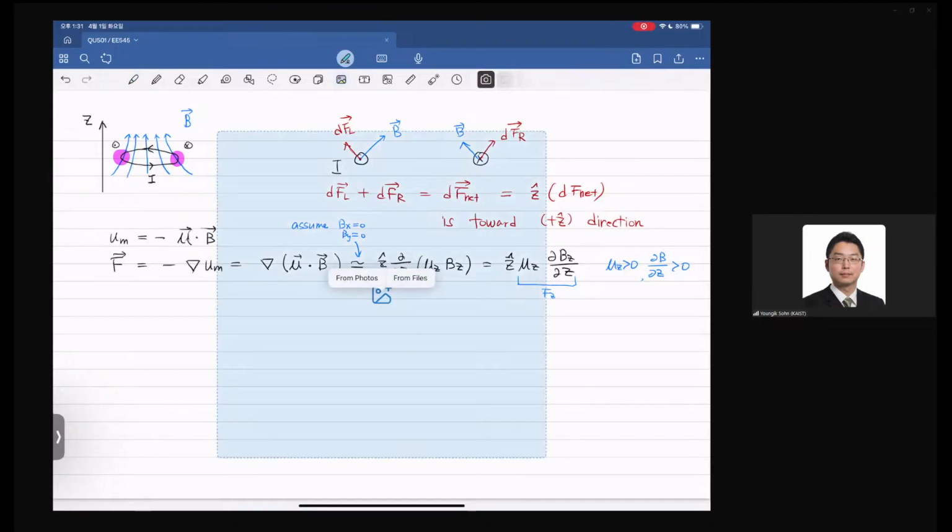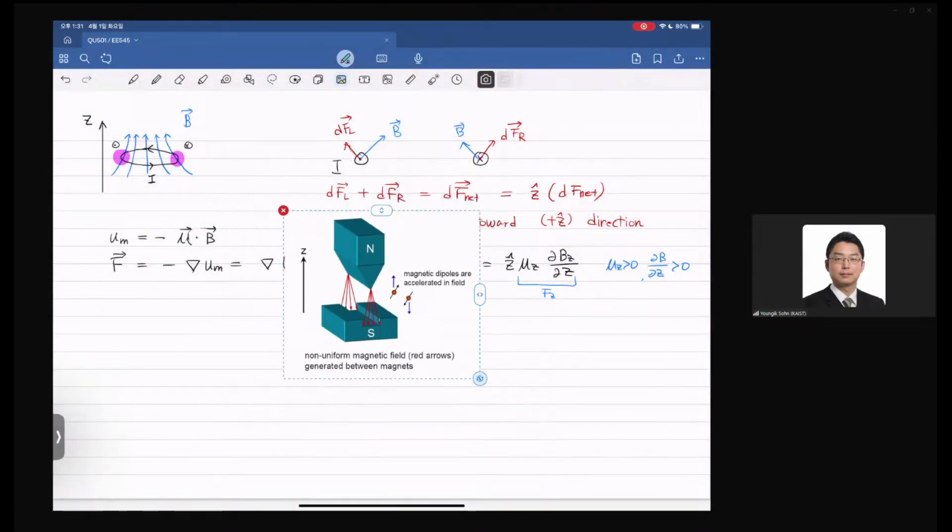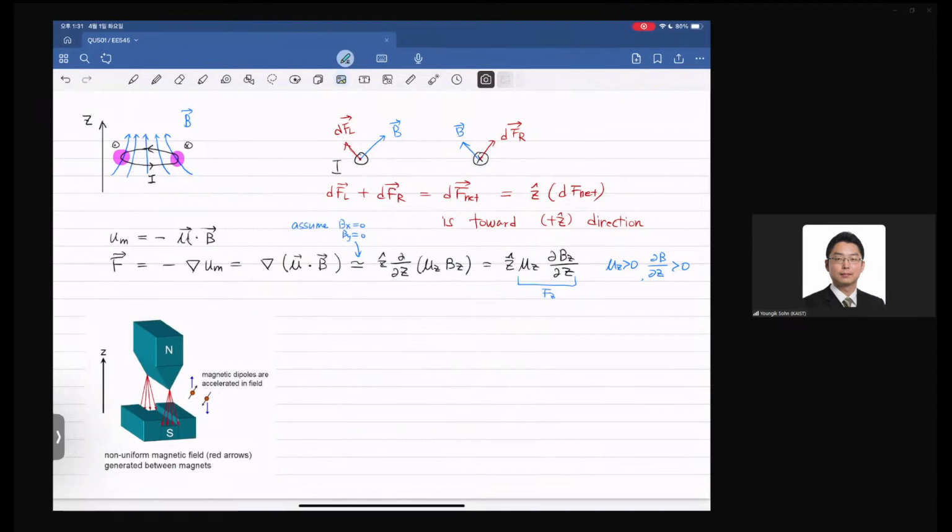All right, and then let's look at this one, the picture used for the Stern-Gerlach experiment. It's similar to what I drew up there, but the difference is that the B field is pointing down, so it's negative, basically. It's the same in a way, but it's pointing down, so it's going to give us a different sign.